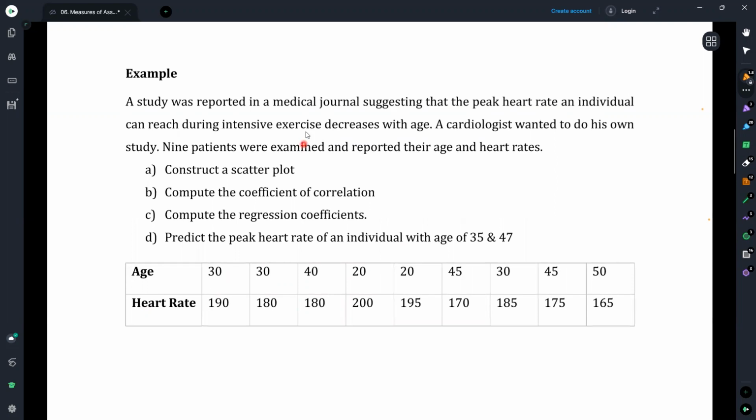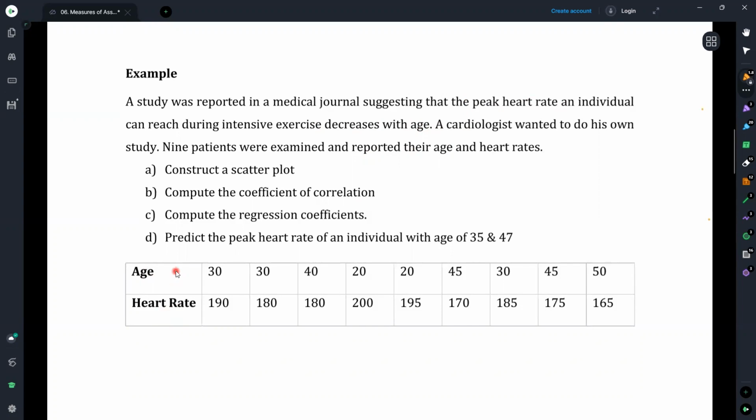According to the medical journal, as the age increases, the peak heart rate will decrease. Therefore, the heart rate depends on the age. So age is the independent variable and heart rate will be the dependent variable.